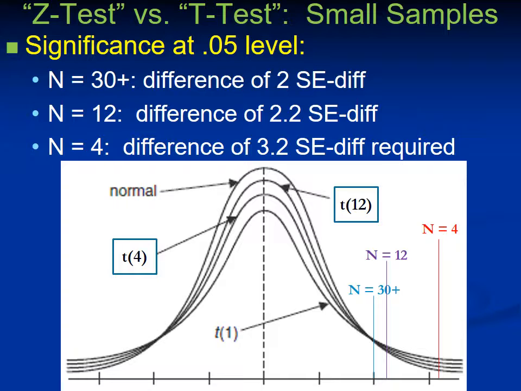Just understand that with samples smaller than 30, you're going to have to show larger and larger differences between your samples to claim statistical significance at whatever level you want.